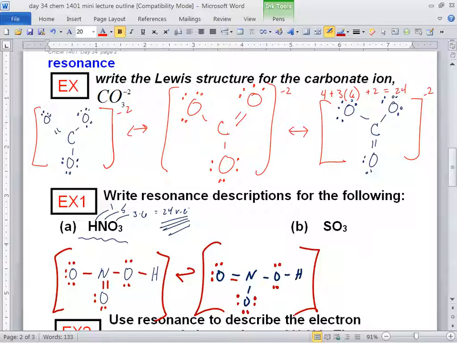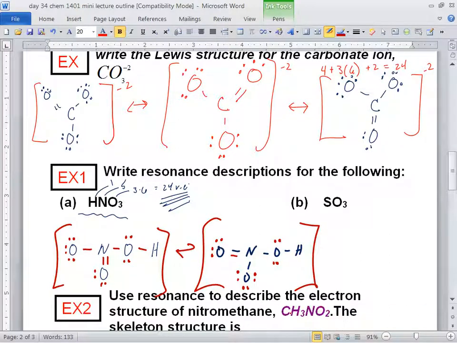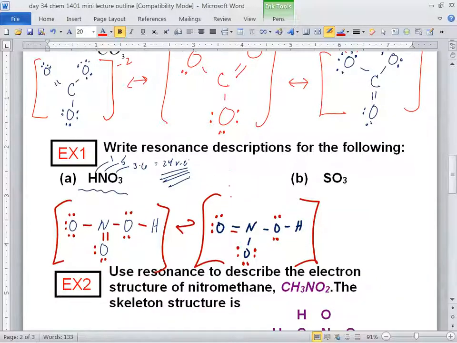So we have sulfur trioxide next. So we can go to the boards and start working on all this stuff and we'll call it a day. Let's do sulfur trioxide before we go on to EX2 though. So wrap up this question. Do sulfur trioxide first.